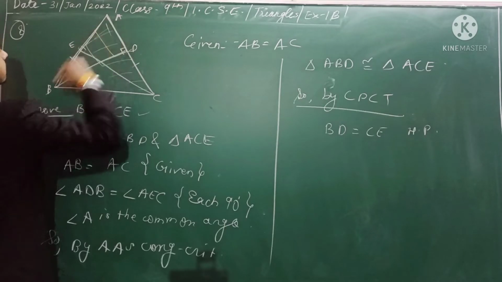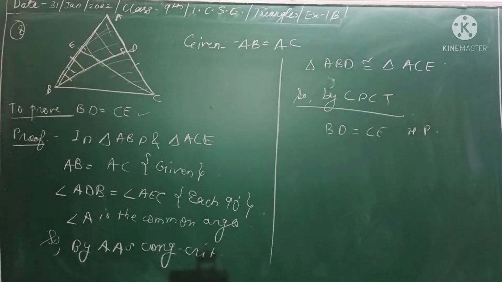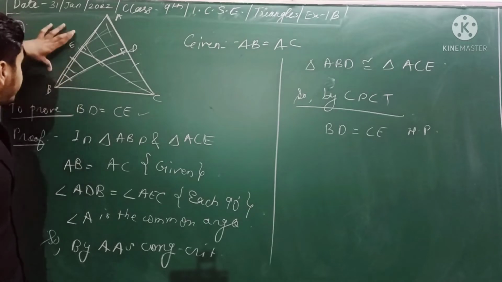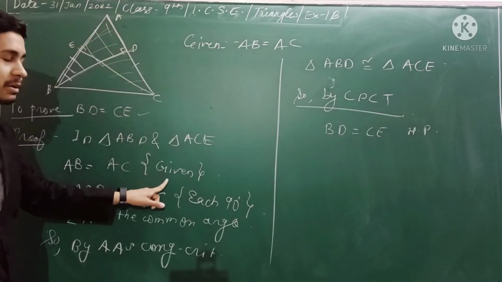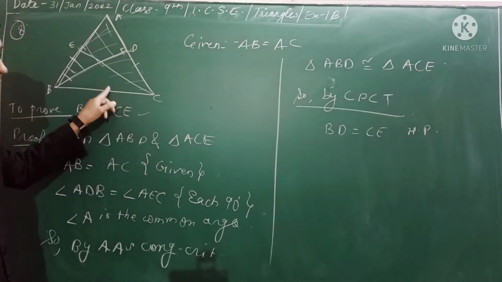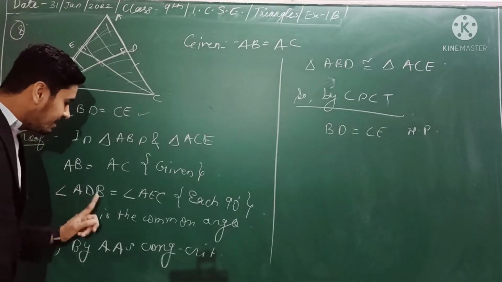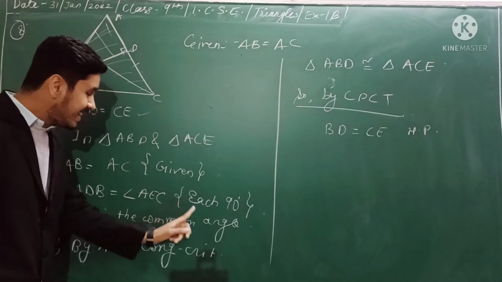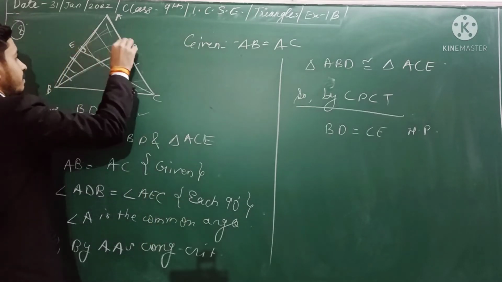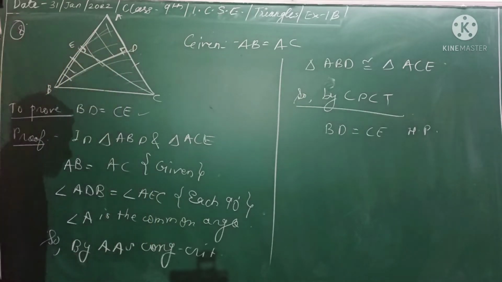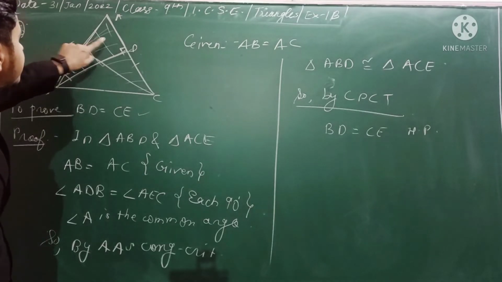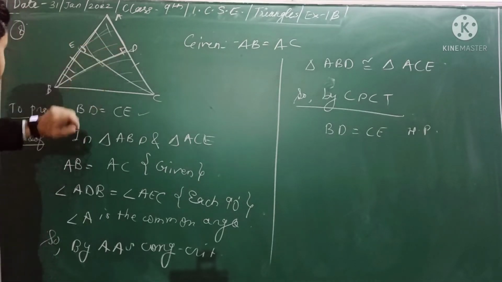So we will start the proof in such a way that we take this triangle and this triangle. These two triangles will be taken, and definitely the congruency criteria and isosceles triangle property will help us. So AB is equal to AC, which is the given part because the triangle is isosceles. Angle ADB is equal to angle AEC, each 90, which is also given because we have to draw a perpendicular. So this angle is equal to this angle.